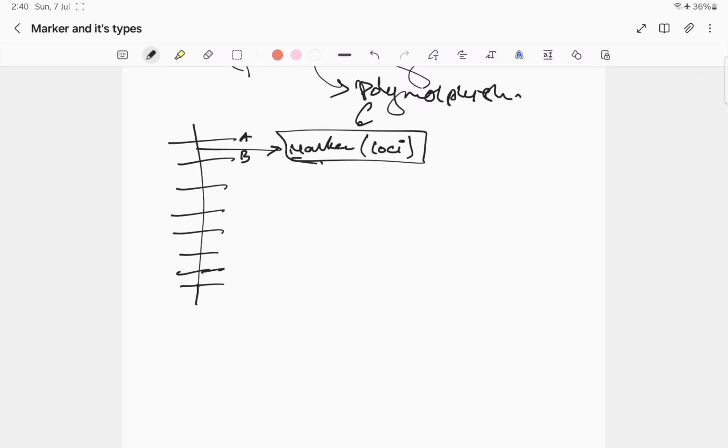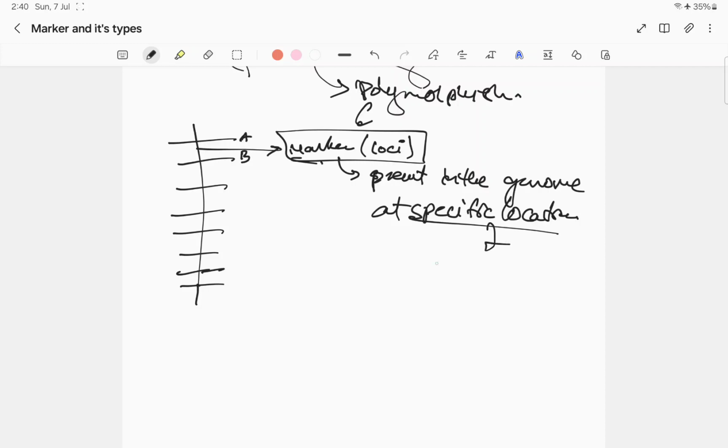In the majority of cases that should be stable, the same, then only we will take it as marker. We can say this is present in the genome at a specific location, which is easily identifiable, is said to be the marker, right?